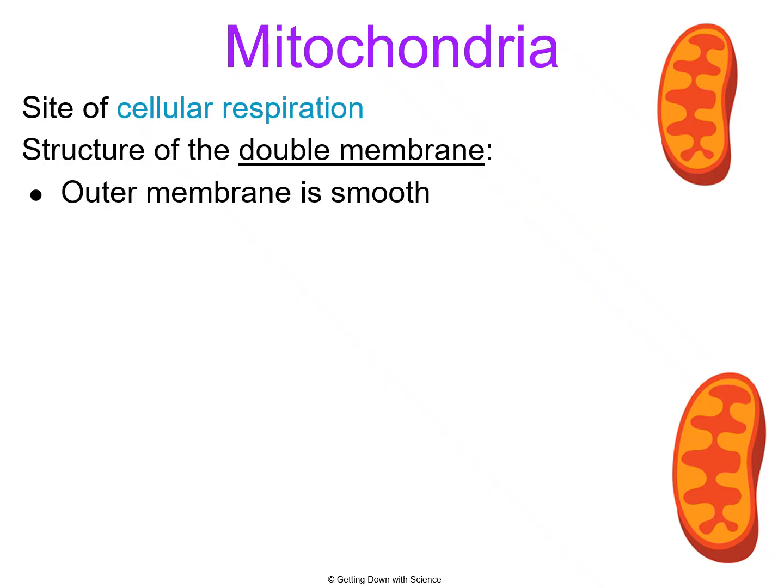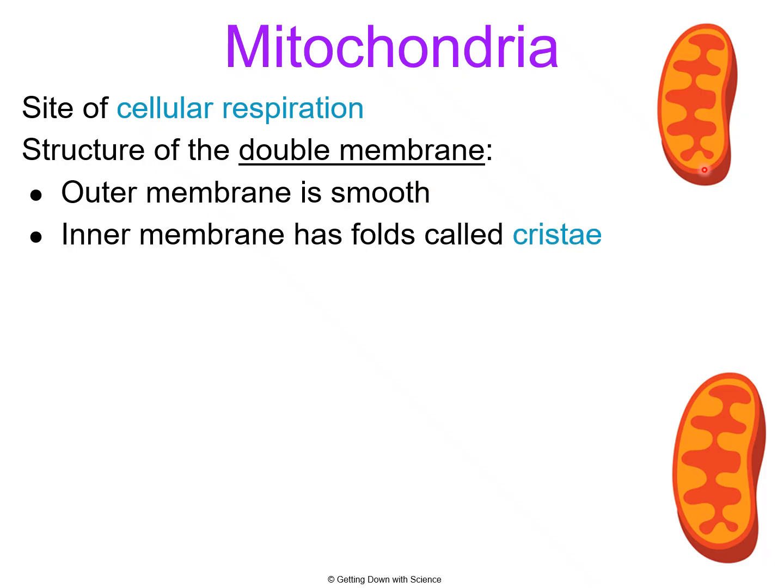Here are some structural uniqueness that the mitochondria has. It has a smooth outer membrane. It also has an inner membrane that has folds, very unique to the mitochondria. The folding of the inner membrane is called the cristae. So that inner membrane, as a result of those foldings, has cristae.